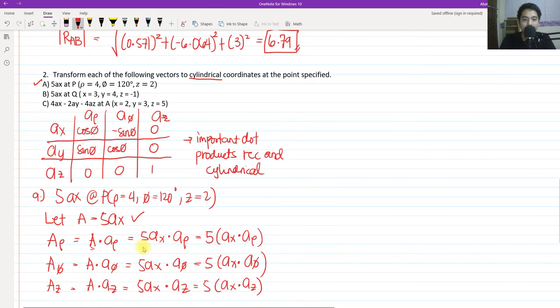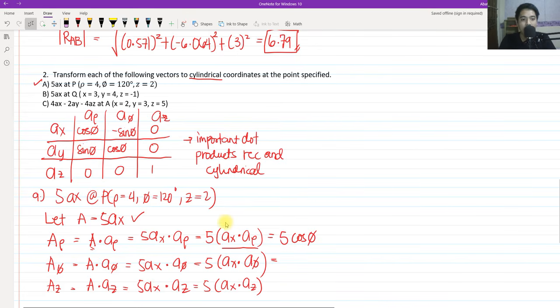So what's the essence of this? That's where the table comes into work. We have a sub x dotted by a sub rho, and that would be 5 cosine of phi because of the table here.